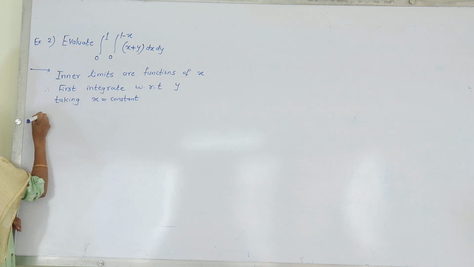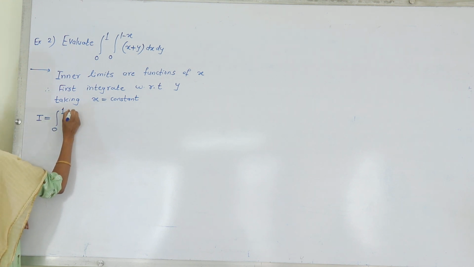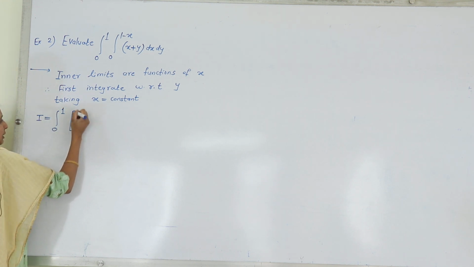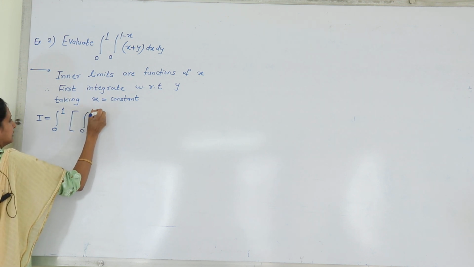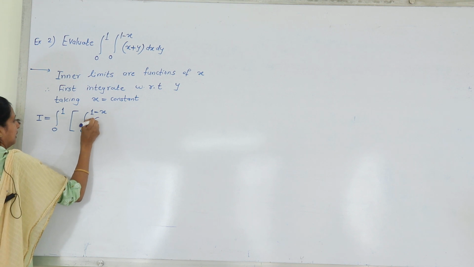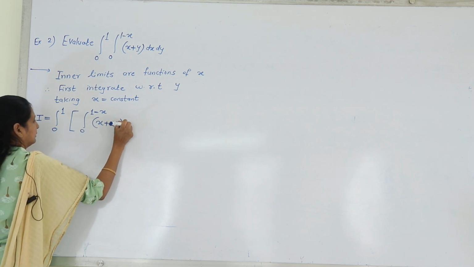Therefore, integration is outer limits 0 to 1. Now, first we have to integrate 0 to 1 minus x in bracket x plus y.